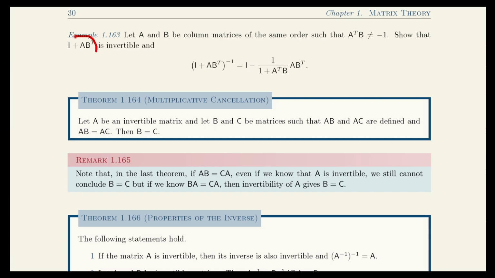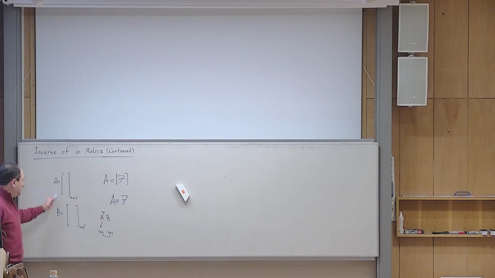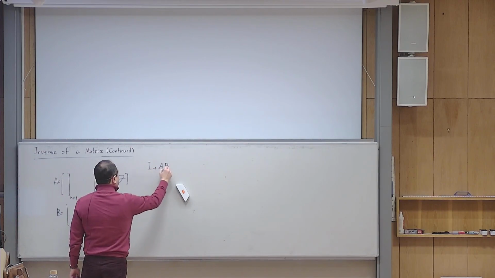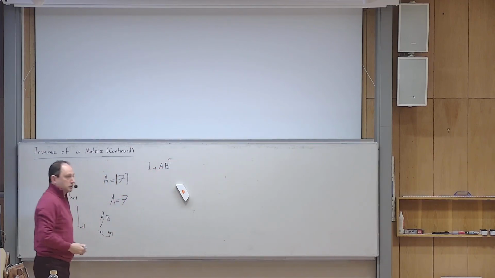By the way, assume that A and B are matrices of order n by 1. These are column matrices. What is the order of this combination, AB transpose?